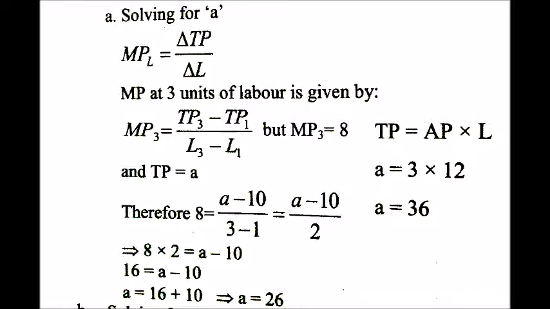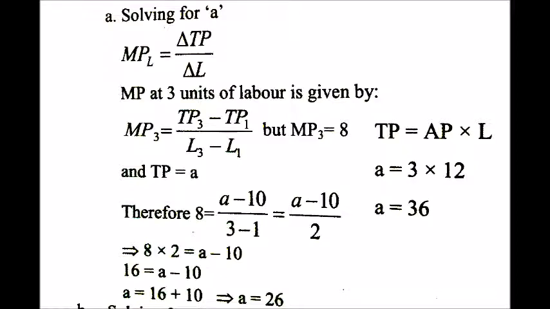Now, if you use the total product formula, where AP is times L, you get it wrong. The example has been given: when you use total product equals AP times L, AP of the third is 12 and labor is 3, so it will be 3 times 12, which is 36. That is more than A. That's why we didn't use that formula.